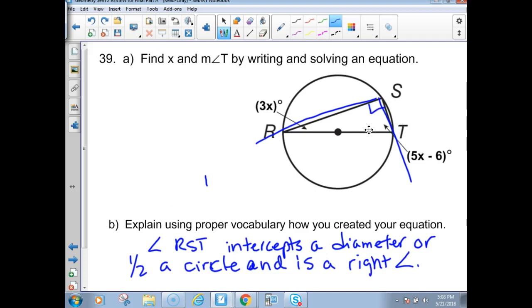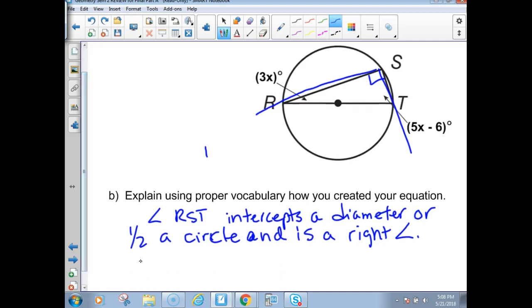Okay, now with that in mind, the angles of a triangle add up to 180. So the angles of a triangle add to 180. And that's how you created the equation.